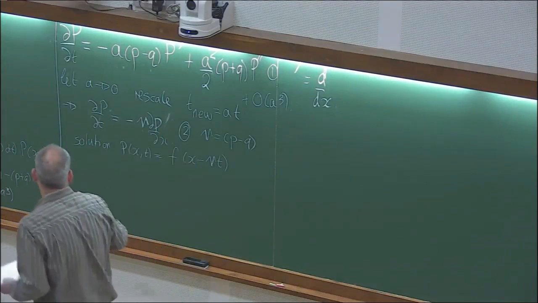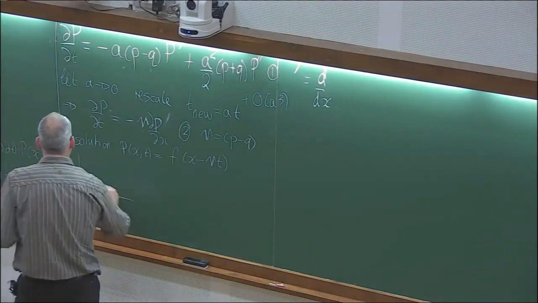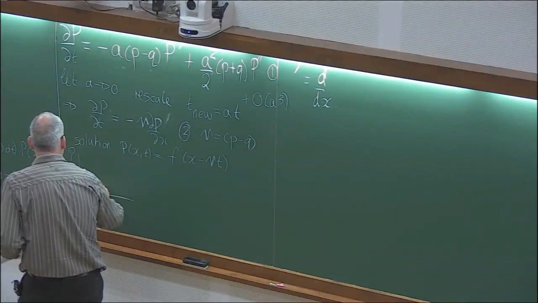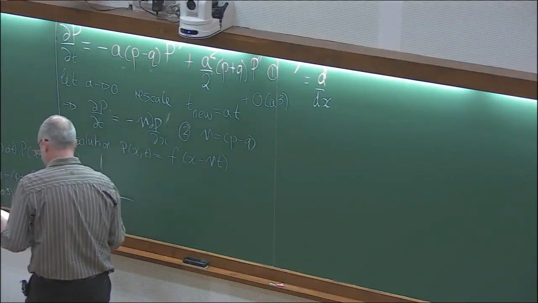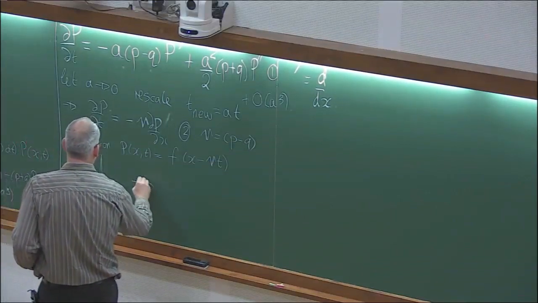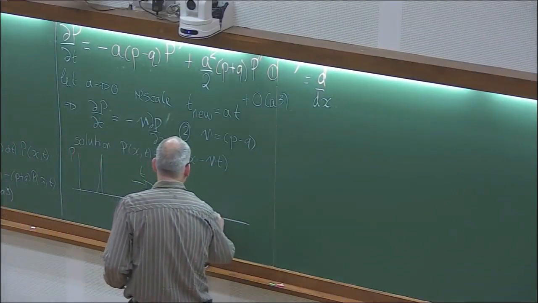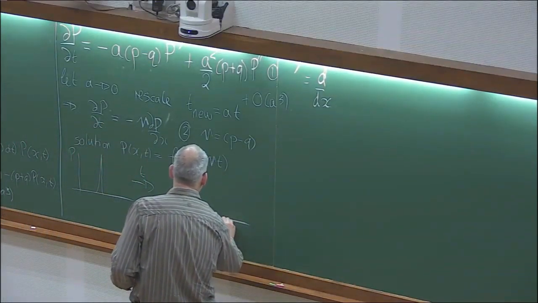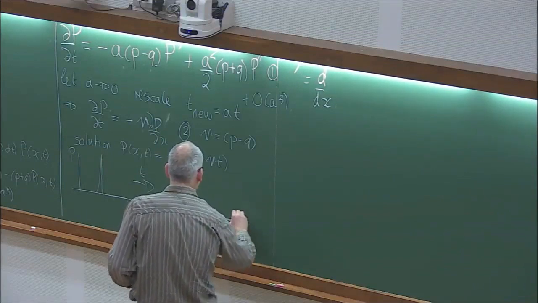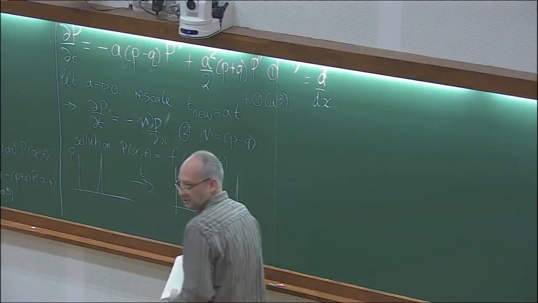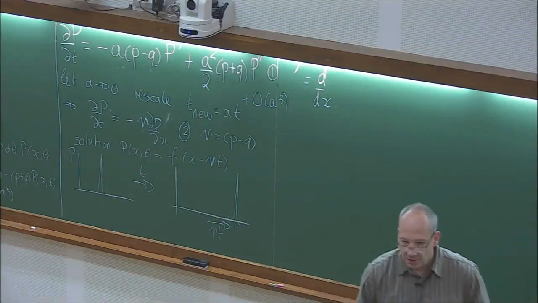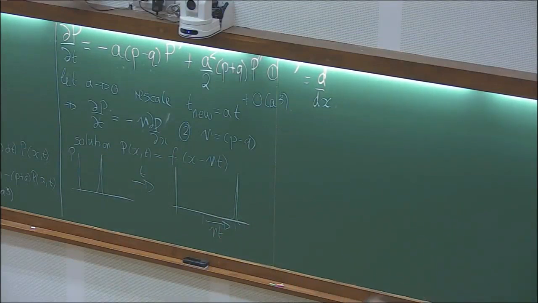So if I draw the probability distribution, if I start with some sharp distribution, then as t goes on, all that happens is that the distribution moves a distance vt, and it remains a sharp distribution. So in fact, I'm not capturing any stochasticity in the dynamics.